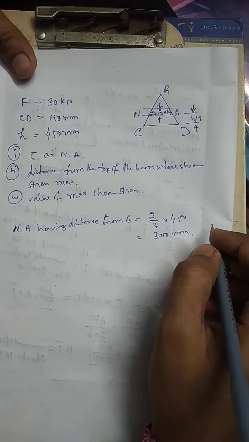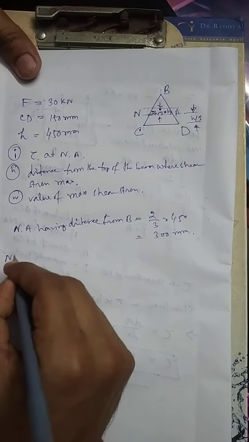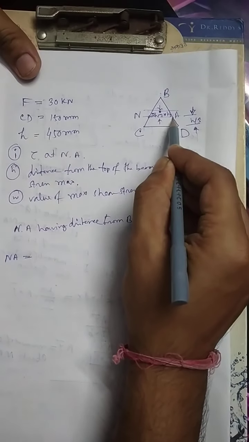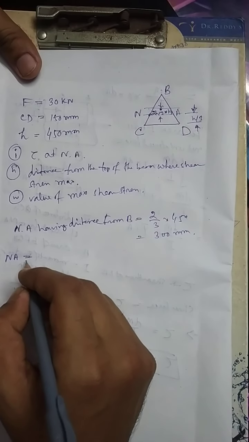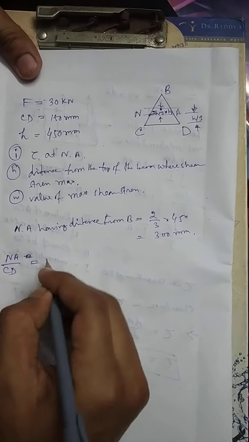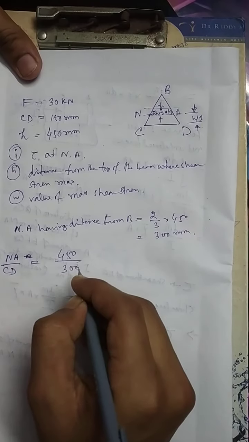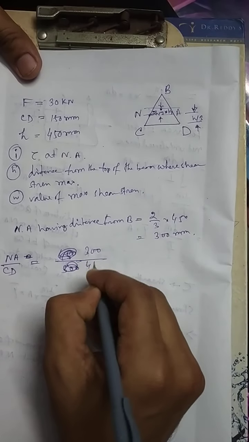Now the length of NA, from here to here, can be found out from the law of triangles. So NA by CD is equal to 300 by 450.